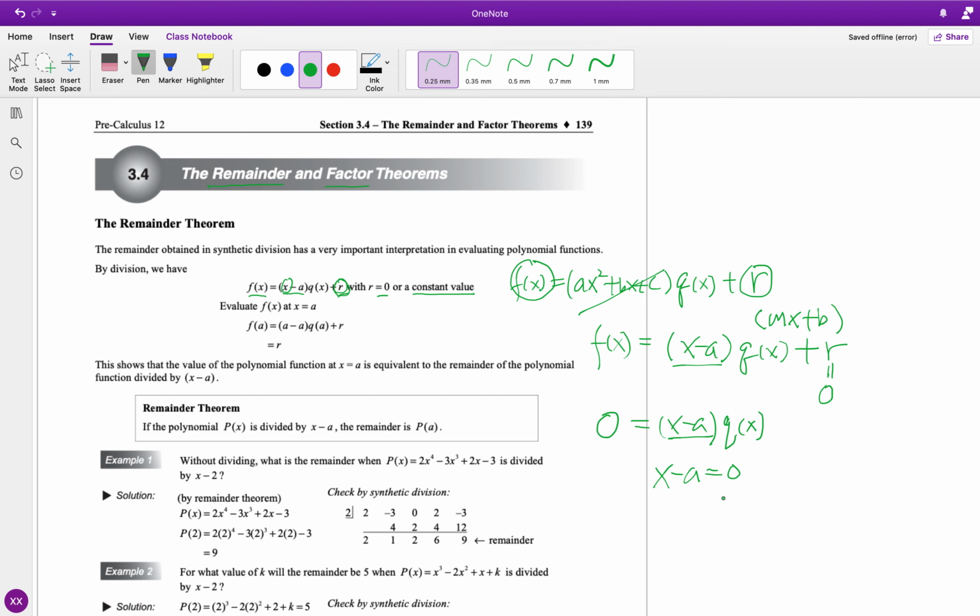Then you have this one equals 0, then x equals a. Bingo. So this a is one of your zeros, one of your roots.